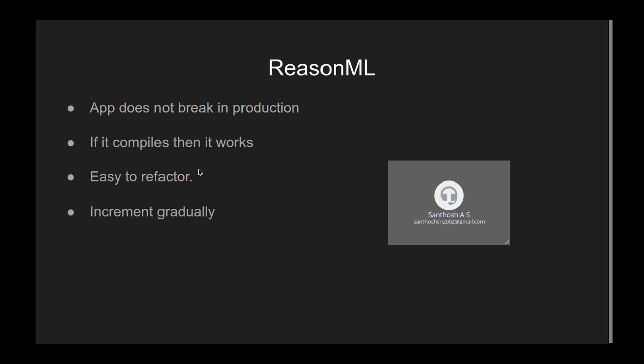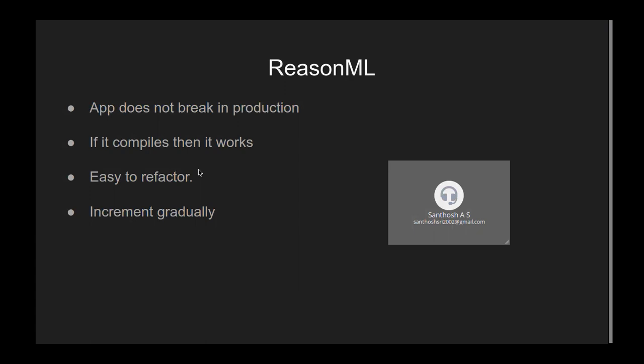If you are using JavaScript, it would work fine and you push it into production, but in production it would have that error. Whereas using ReasonML, I am able to know that this app will not work. It will break in production because I forgot to pass that persons to a map function.